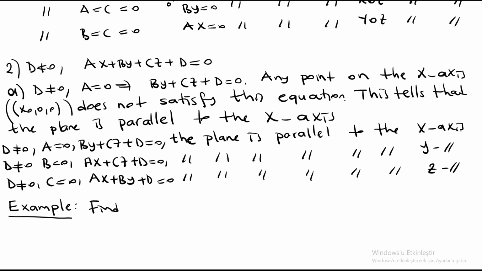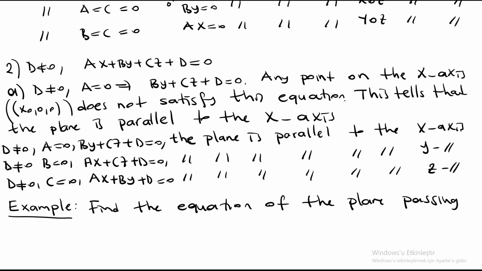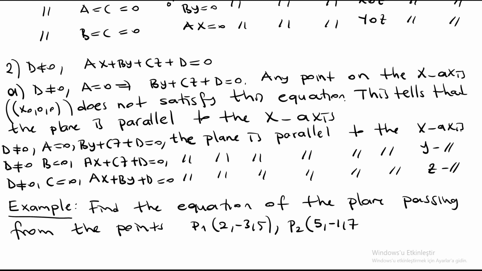find the equation of the plane passing through the points P1 (2, -3, 5), P2 (5, -1, 7), and parallel to the y-axis.